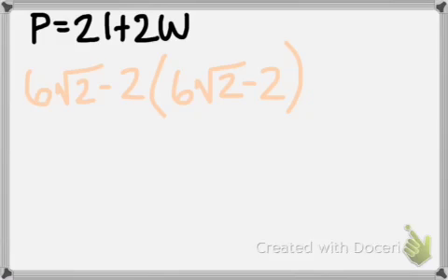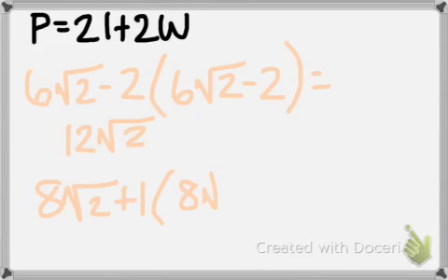So you take 6 radical 2 minus 2 and multiply it by 2, and that will equal 12 radical 2, since the 2 stays the same, minus 4. And for the second dimension, it's 8 radical 2 plus 1 times 2.